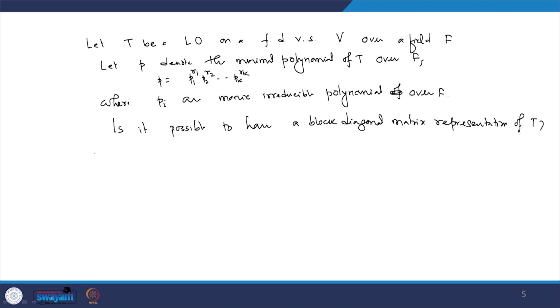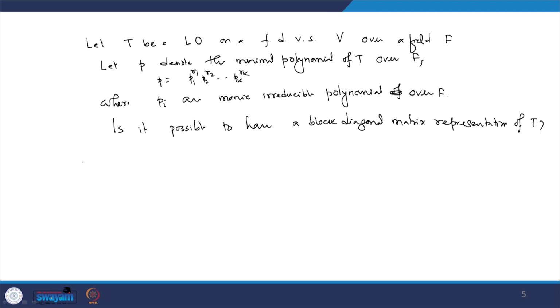The answer is yes. Then how to do it? According to the primary decomposition theorem, T will certainly have a direct sum of invariant subspaces. But what will be the invariant subspaces? For this case, we are going to discuss that.